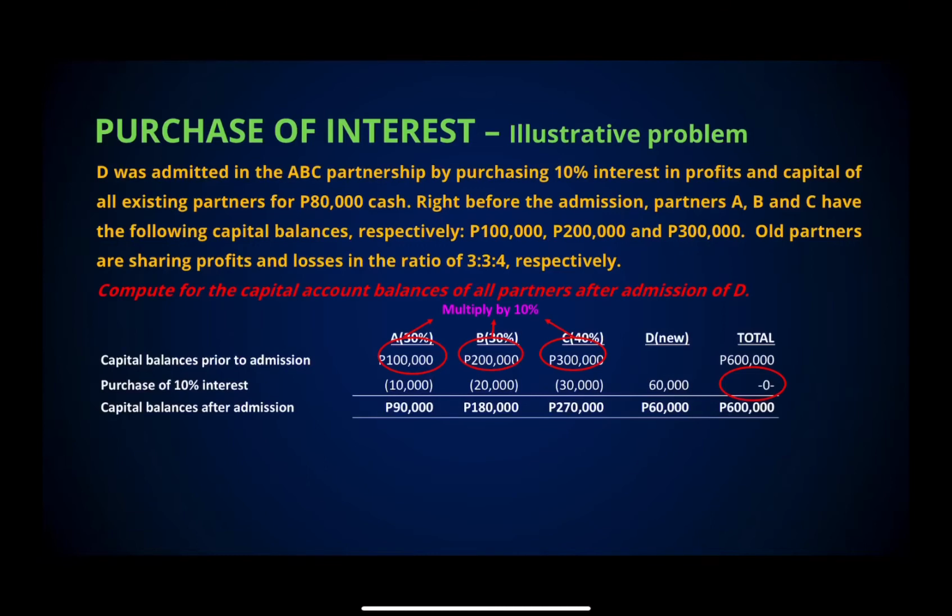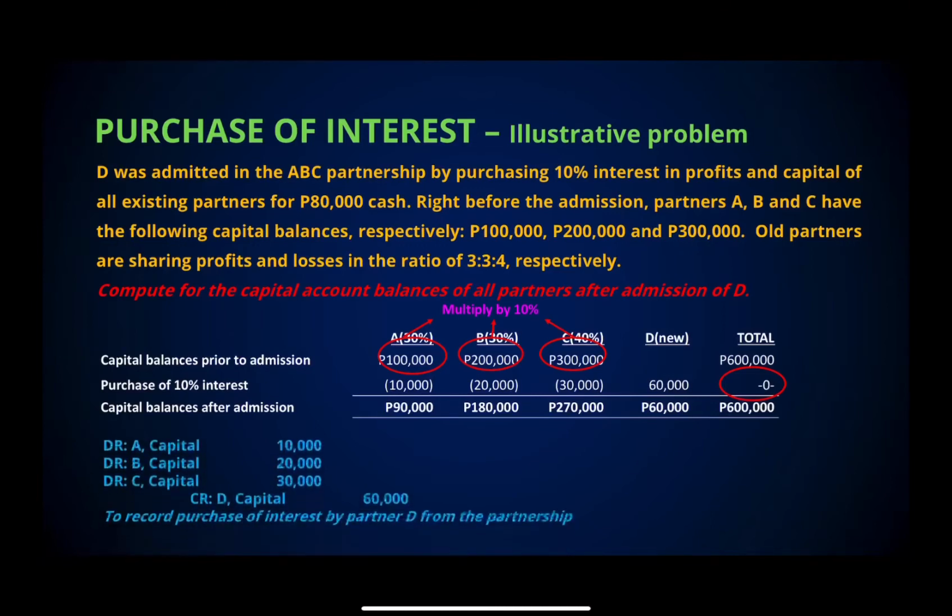So 100,000 minus 10,000, that is 90,000, 180,000, 270,000, and for the new partner, we have 60,000 pesos. Here is the entry to record the purchase of interest by partner D from the partnership. So that is an example of purchase of interest.